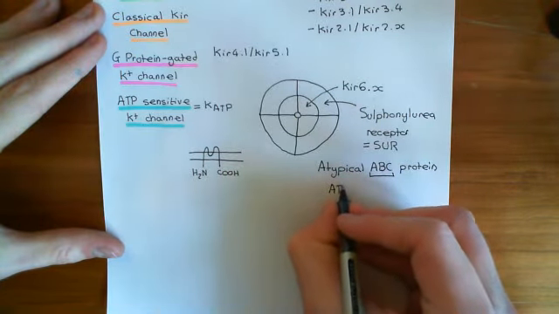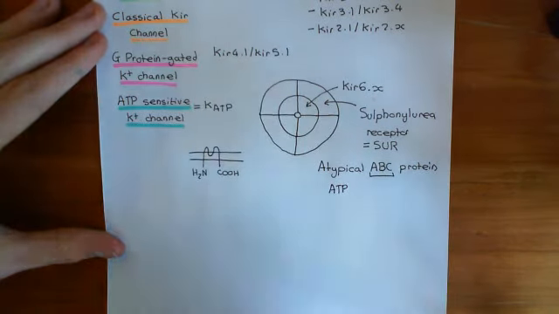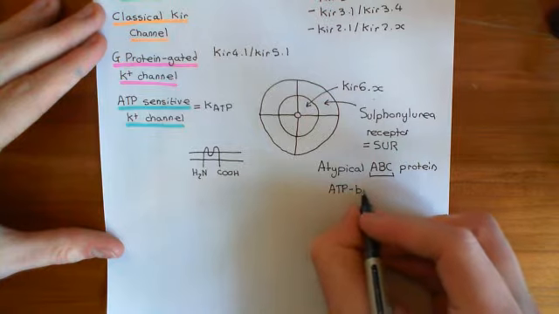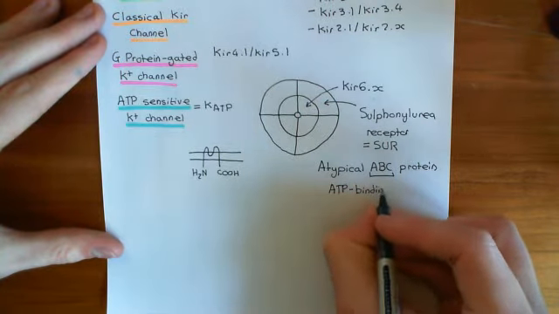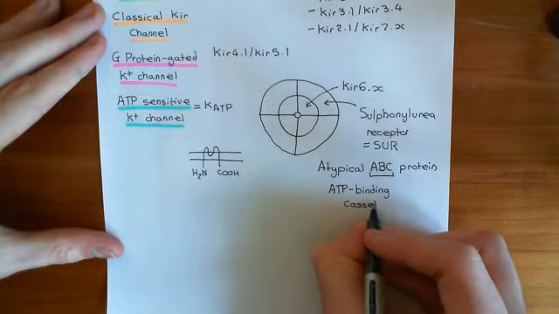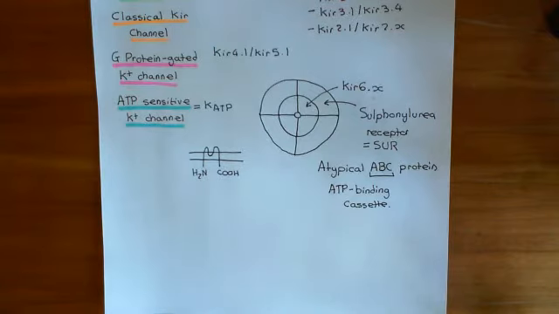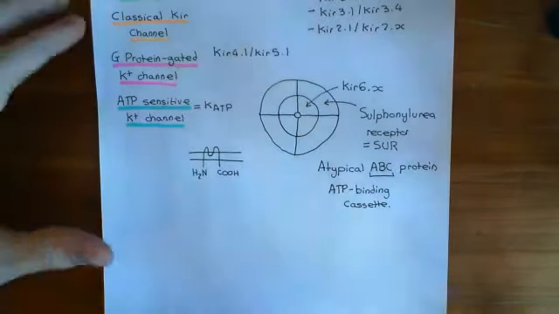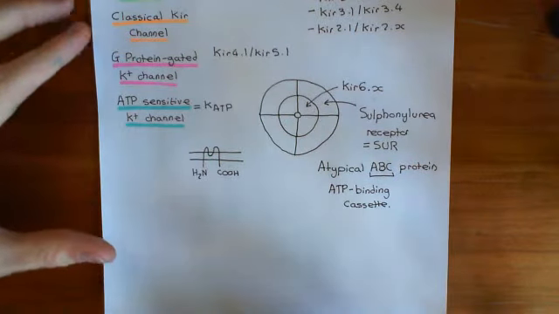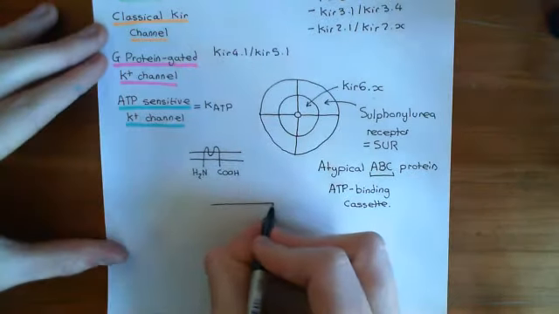So the sulfonylurea receptors are members of this family of proteins known as the ATP binding cassette proteins, or the ABC proteins. They are atypical ABC proteins because they're not going to be involved in the transport of molecules across the plasma membrane.